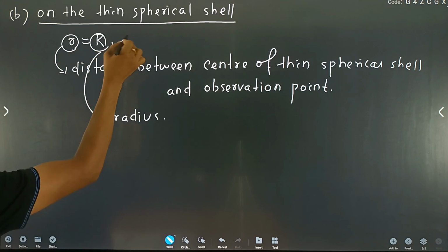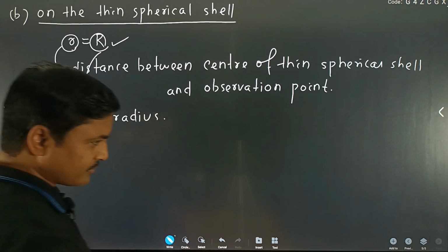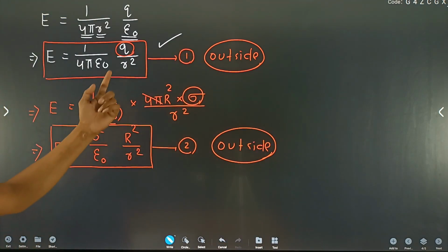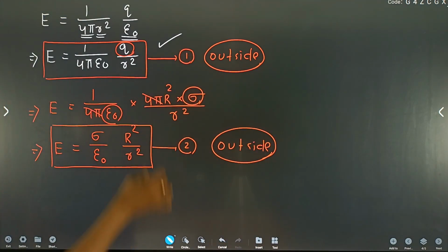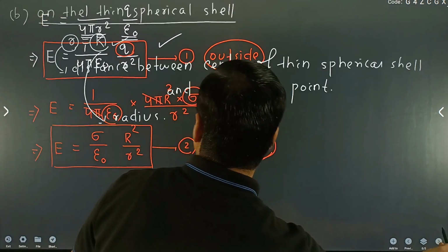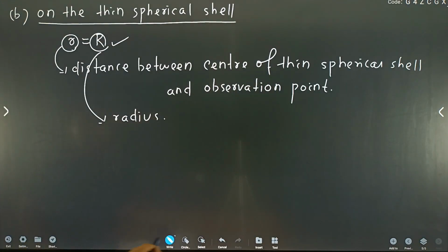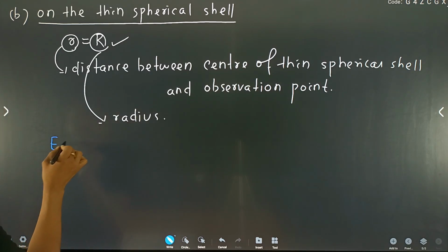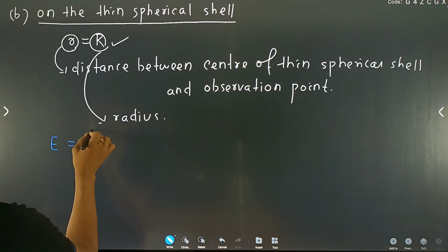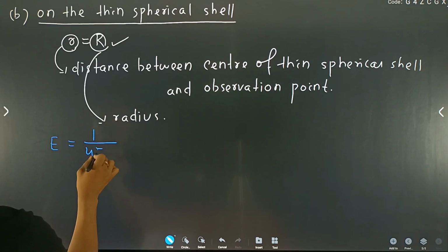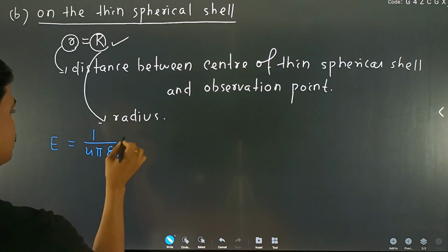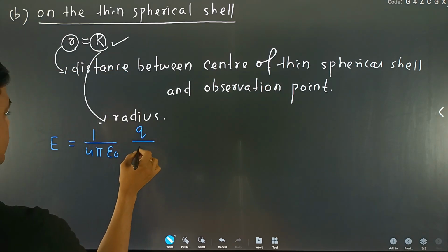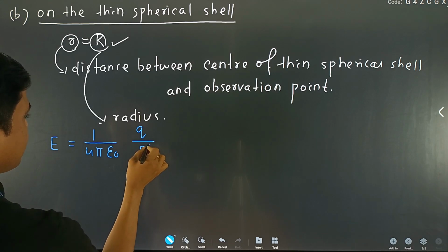And if small r is equal to capital R, then equation 1 becomes, this one is equation 1. Here in place of small r, we write capital R, so the equation becomes, we write simply, electric field on the surface of the thin spherical shell is equal to 1 by 4 pi epsilon 0 q divided by, in place of small r we write capital R square.